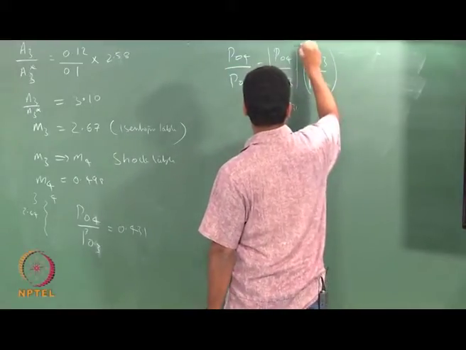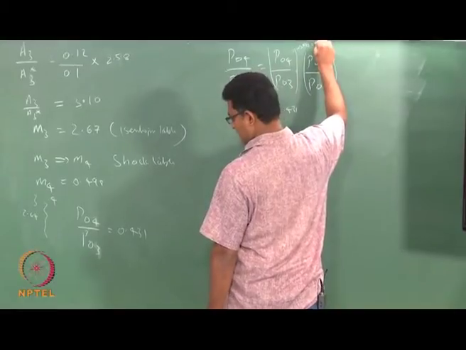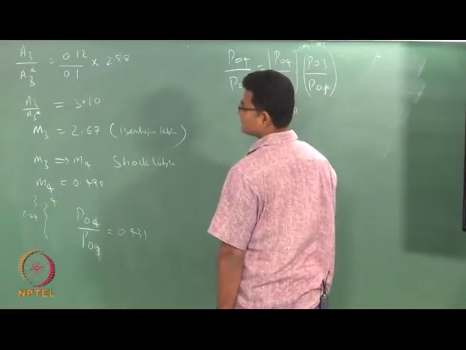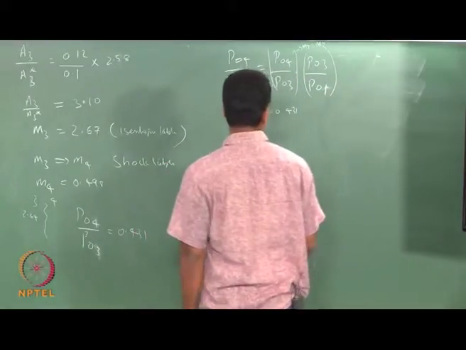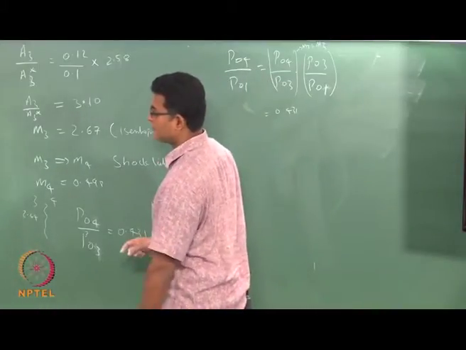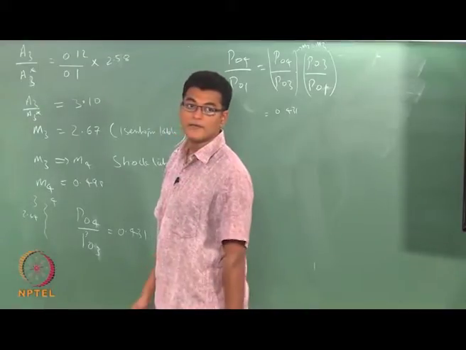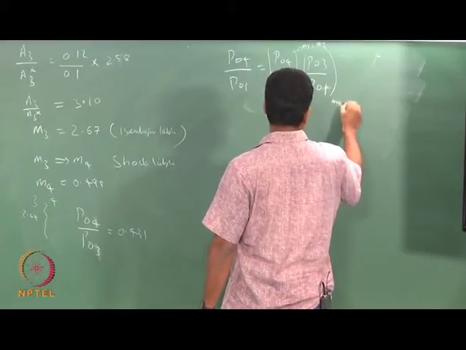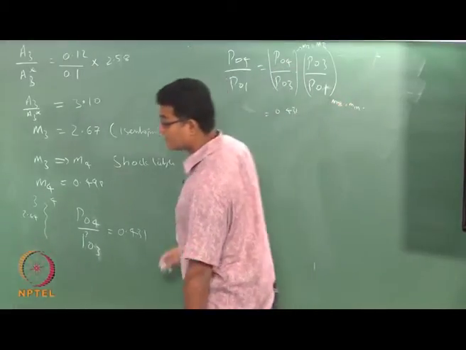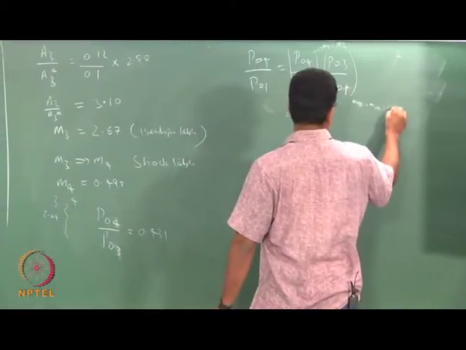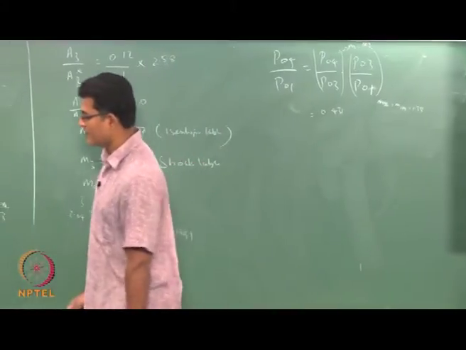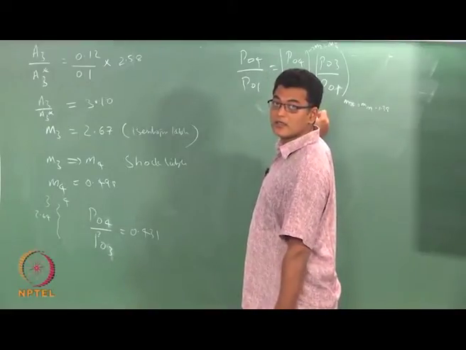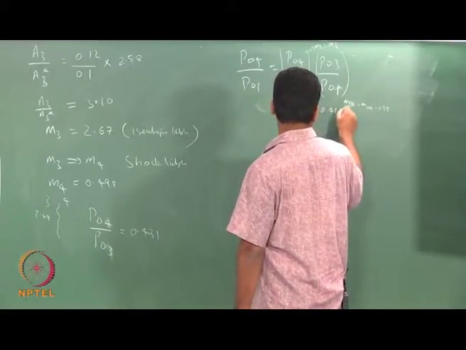This is with Mx equals M3, and this is associated with the oblique shock, M2n, Mx equals M1n, which is 1.38, which is 0.414.